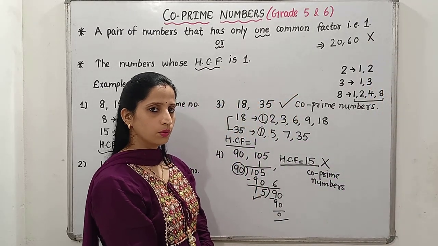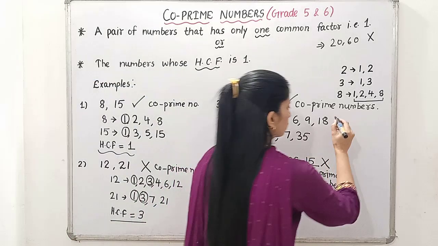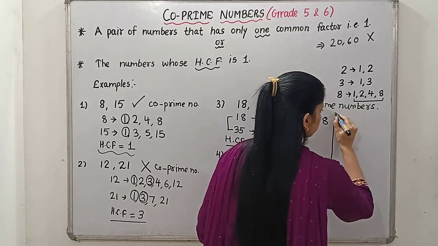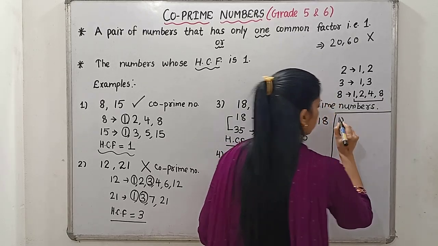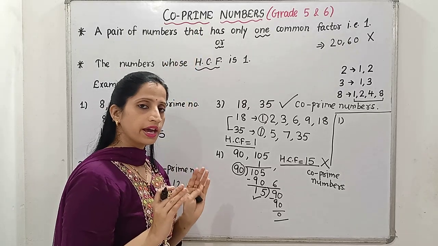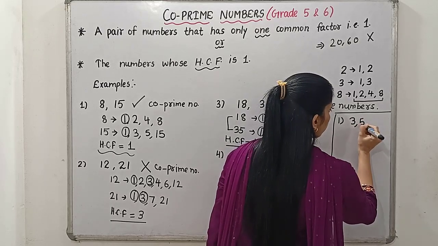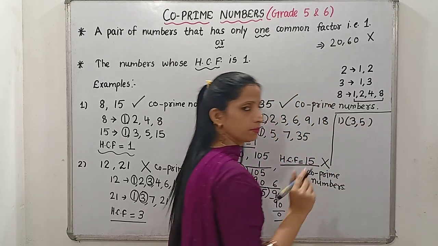Okay. Now let's move on to some common properties of co-prime numbers. In short only I will tell you. See, as the word is coming, prime. Any pair of two prime numbers will always be co-prime numbers.